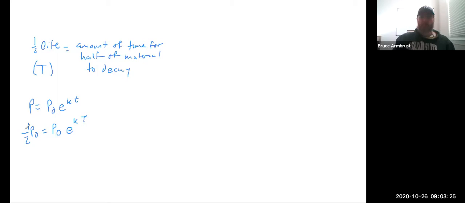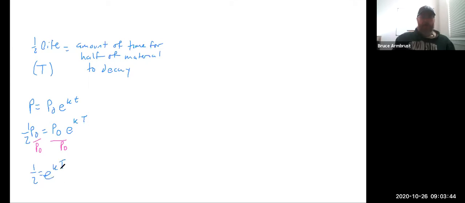So that's why I just put 1/2 P naught. So with algebra, I can divide by P naught. So those things are gone, and what I'm left with is 1/2 equals e to the k times big T.